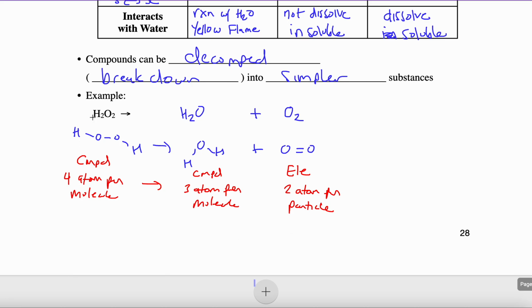So compounds can be broken down, bonds can be snipped, and it is changed into 2 smaller substances.